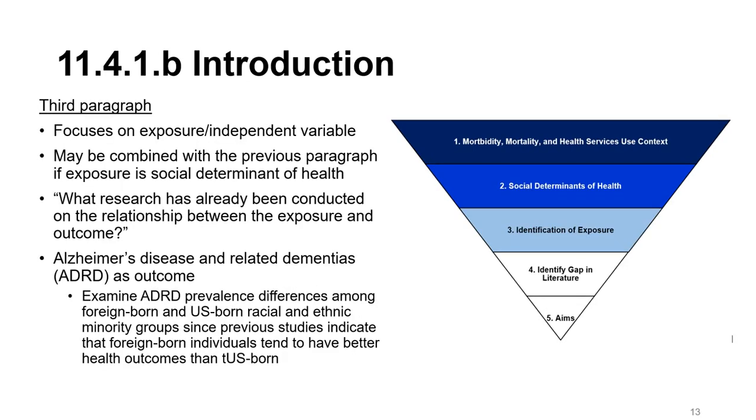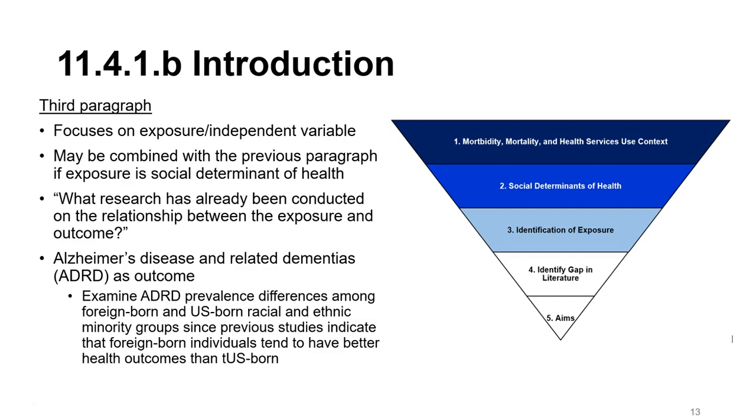Then that third paragraph could be combined with the second paragraph, particularly if that's your main focus. And so here you're really focusing on the exposure, and it could be that you really want to know what research has already been conducted on the relationship between the exposure and the outcome.